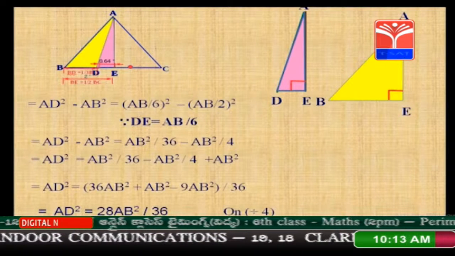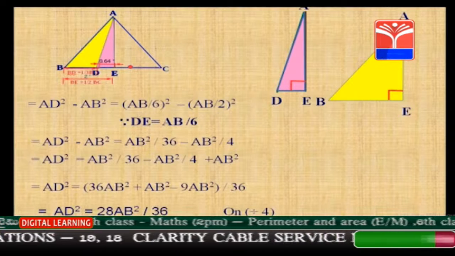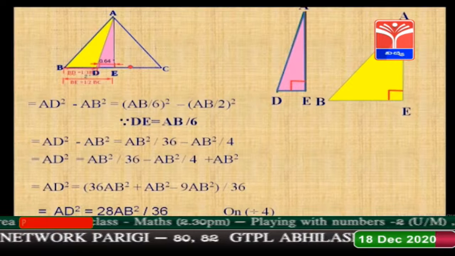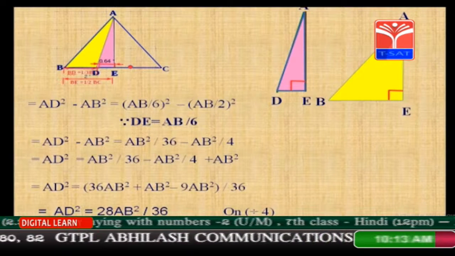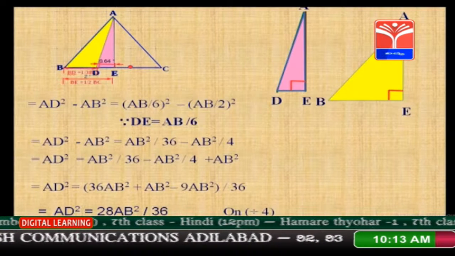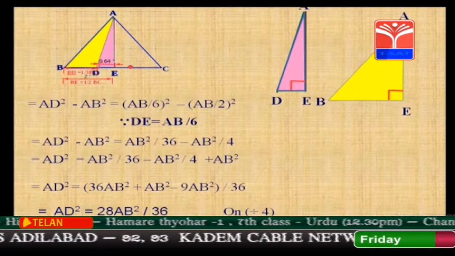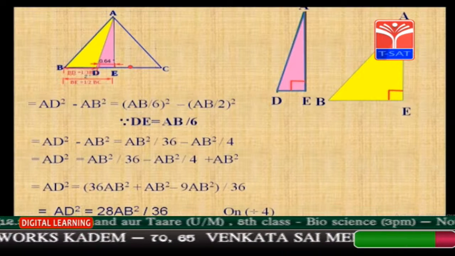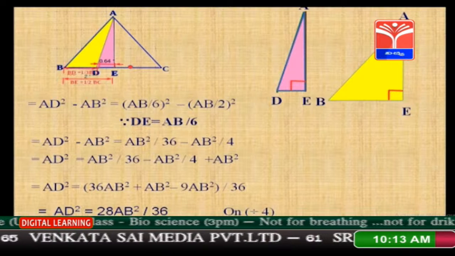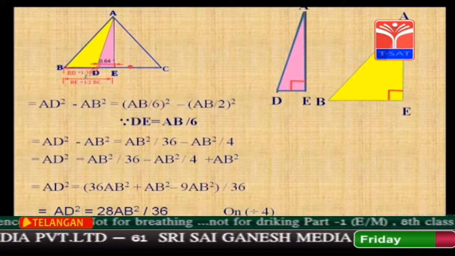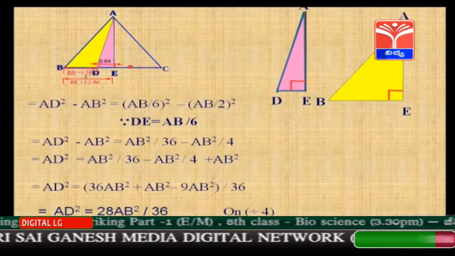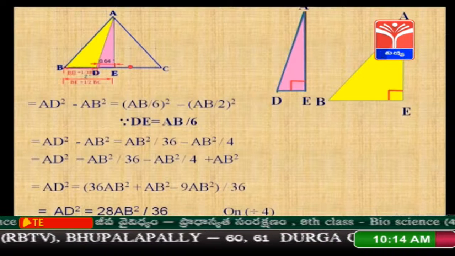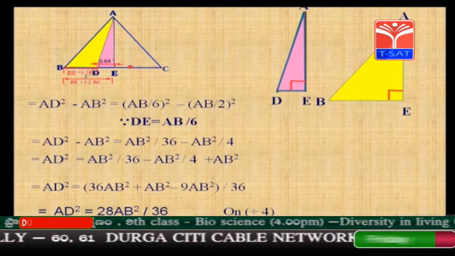Then I am simplifying it: AD square minus AB square is equal to BC square by 36 minus BC square by 4. See, it is an equilateral triangle, all sides are equal. Therefore, I can write this BC as AB: AB square by 36 minus AB square by 4. Now, AD square is equal to BC square by 36 minus BC square by 4 plus AB square.